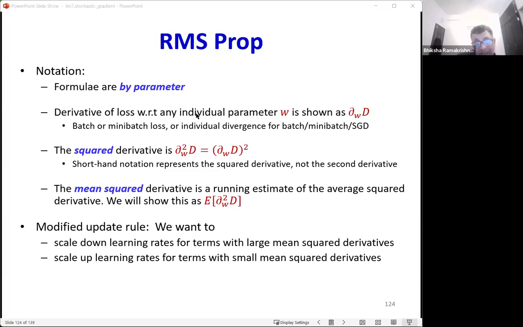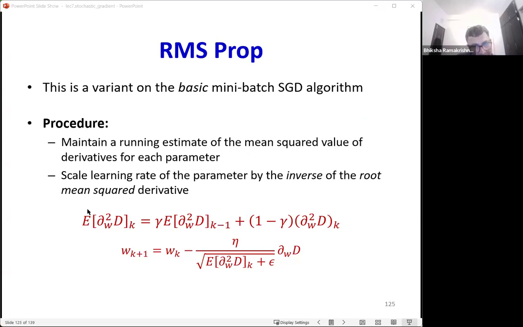For that, we maintain a running average of the squared derivative, just like we maintain the running average of the derivative, except it's a running average of the squared derivative. And then the learning rate itself is scaled by the inverse of the root mean squared value of the derivative. This epsilon is to prevent division by 0.